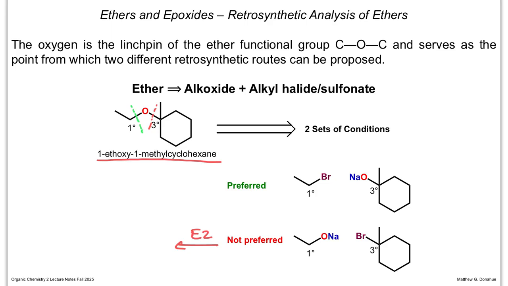And that could form this as a major or this as a minor, depending upon things like concentration, heat, that sort of thing. But since it's elimination, you would end up with alkenes in this case. So that's what you need to think about to make ethers like that.